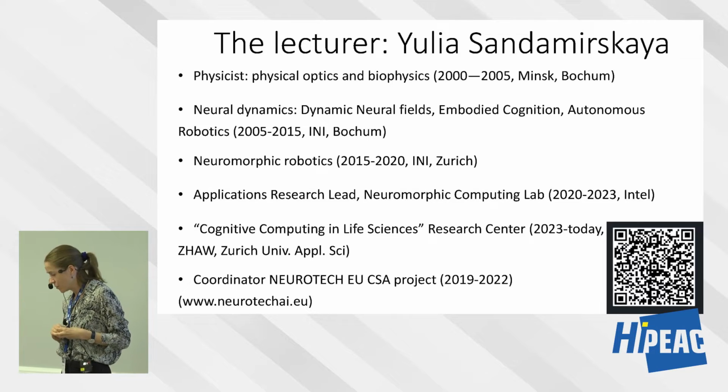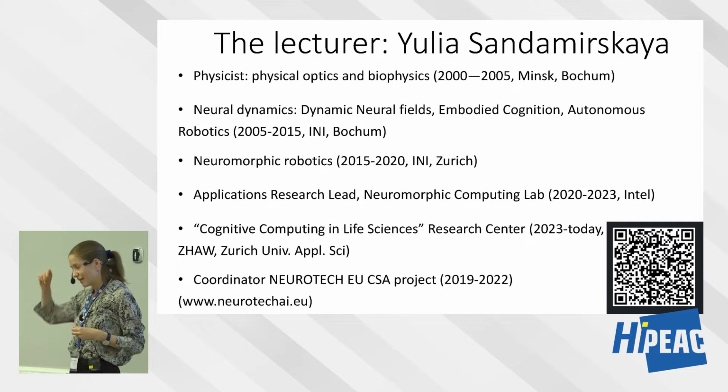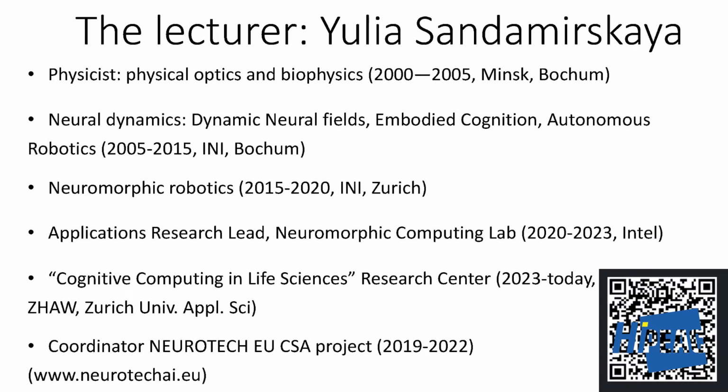I met neuromorphic people at a Telluride workshop for neuromorphic engineering, and that's the first community to keep an eye on. And then in 2020, I joined Intel's Neuromorphic Computing Lab and opened a new group in Munich. We called it the Applications Research Group. I was working again on algorithms and systems based on the neuromorphic chip developed by Intel.